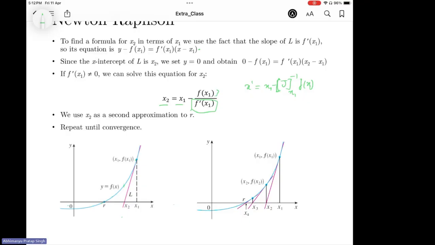So in 3D, I can say I have some sort of 3D surface over here, and I want to find where this surface intersects the, like this is x2, x1, and then I have this z or y, meaning the solution. So I have some function like f of x1 comma x2.